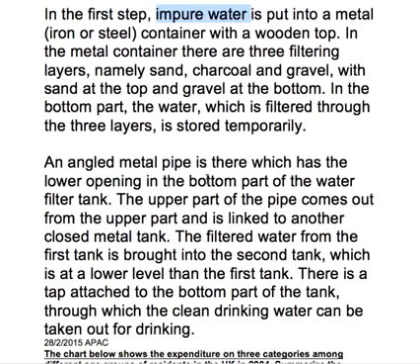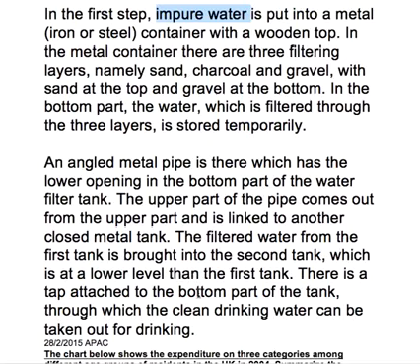An angled metal pipe is there which has the lower opening in the bottom part of the water filter tank. The upper part of the pipe comes out from the upper part and is linked to another closed metal tank. The filtered water from the first tank is brought into the second tank, which is at a lower level than the first tank.